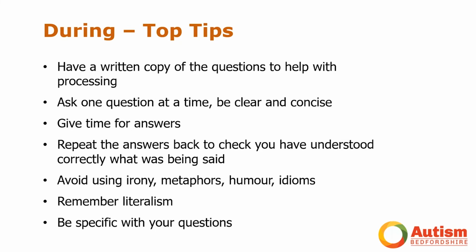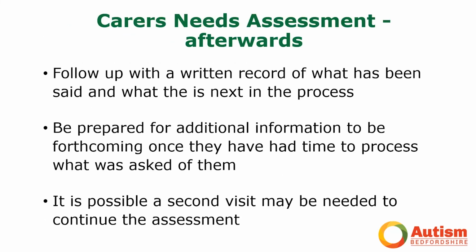You know where you are heading for with the questions that you're asking. So just try and be specific and creative in how you ask those questions so that you are making them clear and concise and specific for that person. And then afterwards, follow up with a written record of what has been said and what then is next in the process.